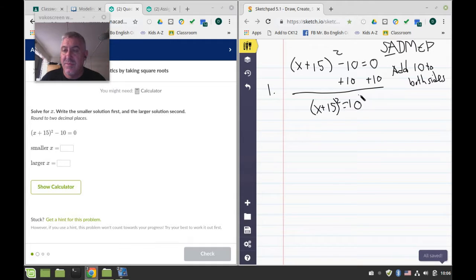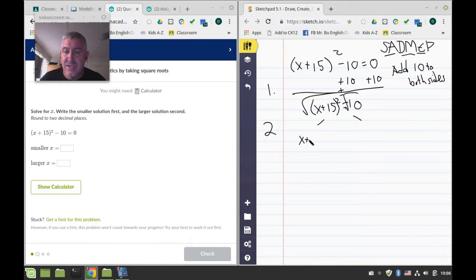Let's see, divide and multiply. I don't really have a coefficient up here, so nothing to do. And then step 2 is going to be take the square root. And square root, I have square root of 10. And positive or negative square root. So we have to divide this up into two equations now.